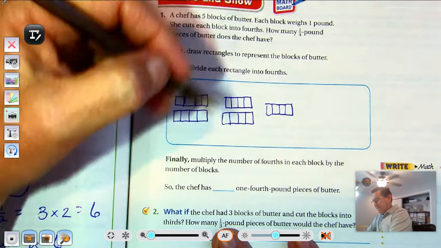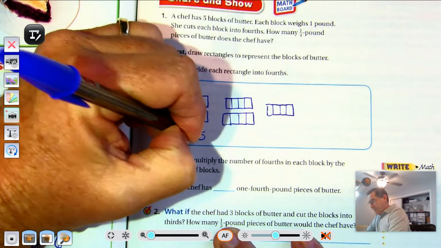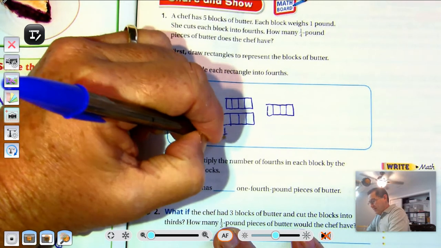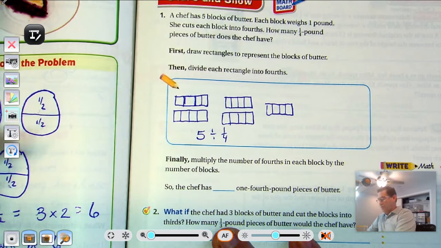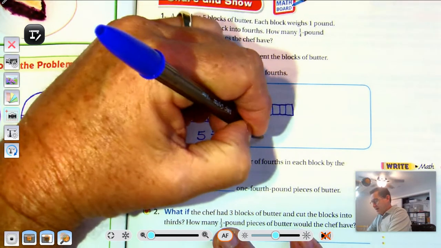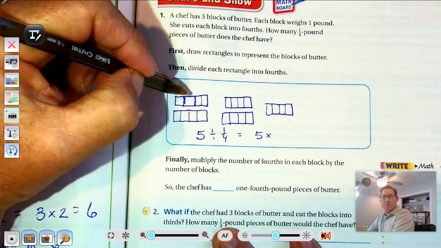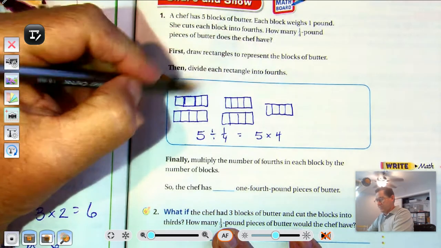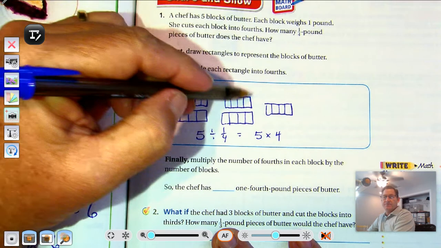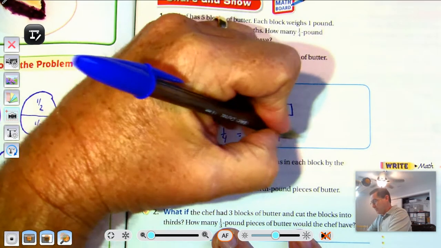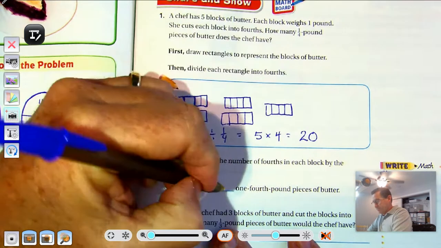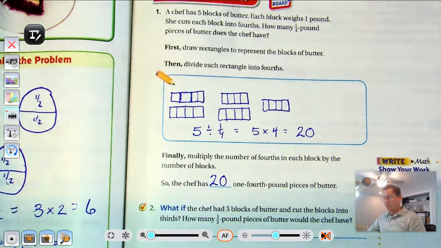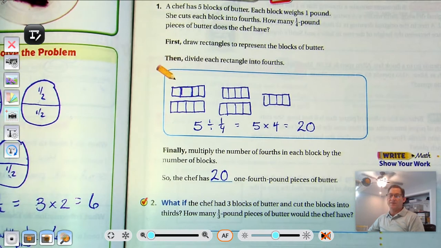So we're basically saying 5 divided by 1/4. Well, that's the same as saying 5 times how many fourths are in one whole. Well, there's 4, right? So if there's 4 1/4 pieces in every block, well, 5 times 4. So 20. So the chef has 20 1/4 pound pieces of butter.